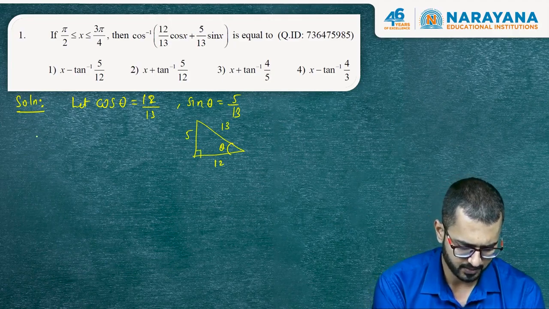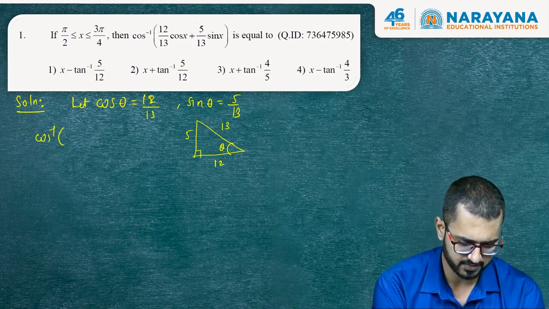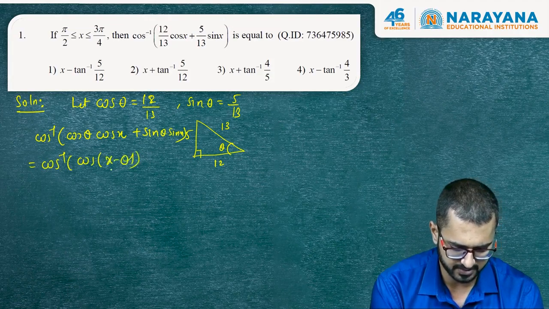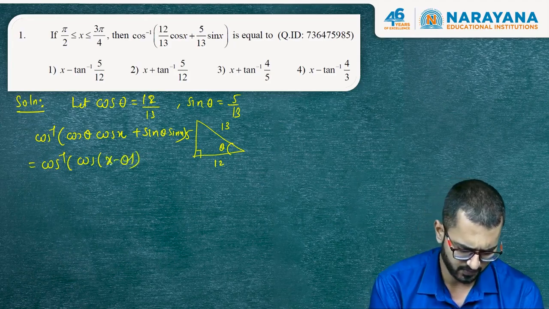And now this turns out to be cos inverse of the given quantity. So 12 by 13 is cos theta, so this will be cos theta cos x plus sin theta sin x. This I can write as cos inverse of cos of x minus theta.